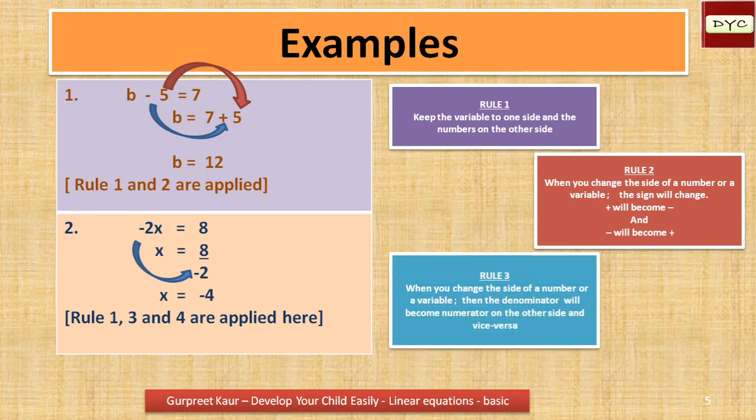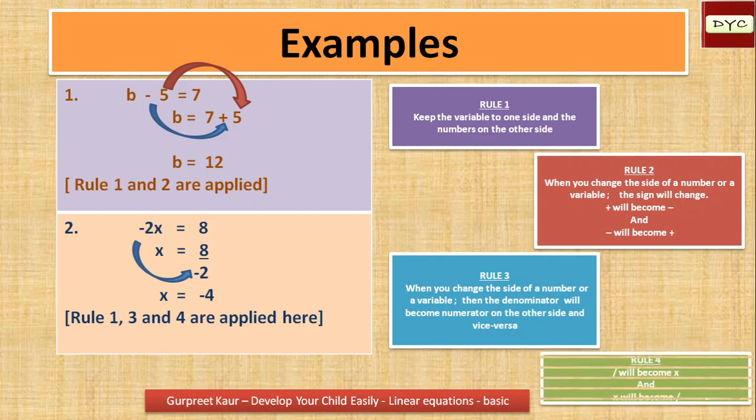So rule number 3 states that when you change the side of a number or a variable, then the denominator will become numerator on the other side and vice versa. Vice versa means here is the case of a numerator. So numerator when go to the other side, it will become the denominator. And similarly, rule number 4 states that division will become multiplication and multiplication will become division automatically.